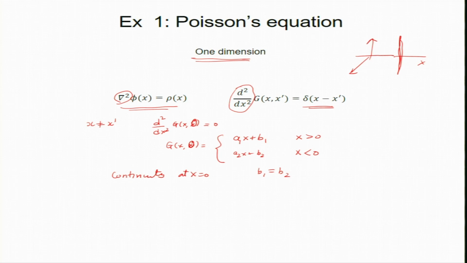Fine. Now, how do I take care of the delta function? I do the integral. This is my x equal to 0. I integrate both sides from minus epsilon to plus epsilon.